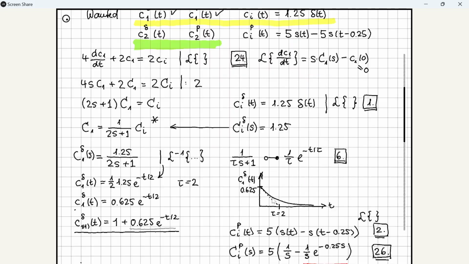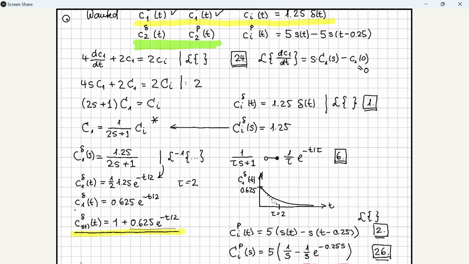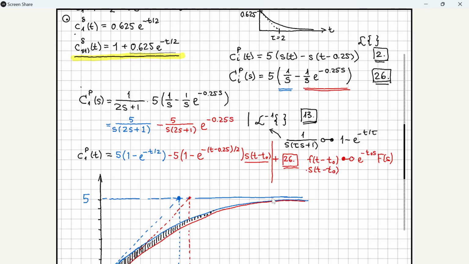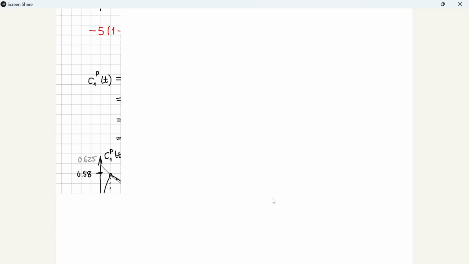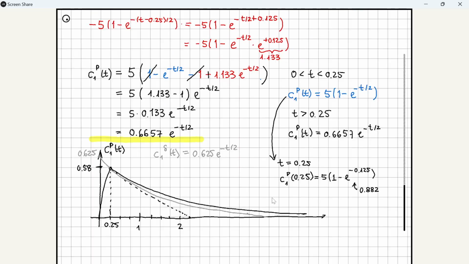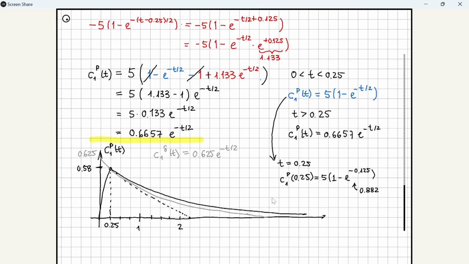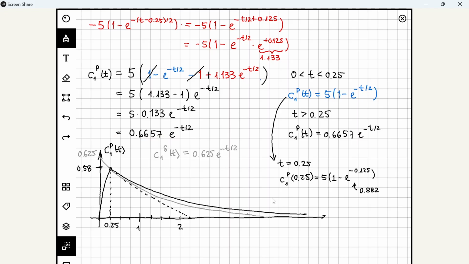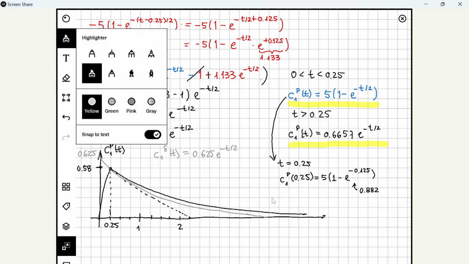So let me just highlight where we had C1 delta. This was here. What I haven't done is, in the C1p, I haven't added the 1. So this is what I forgot here. So this is C1p for this time and for that time, and I should actually add 1 in both instances.